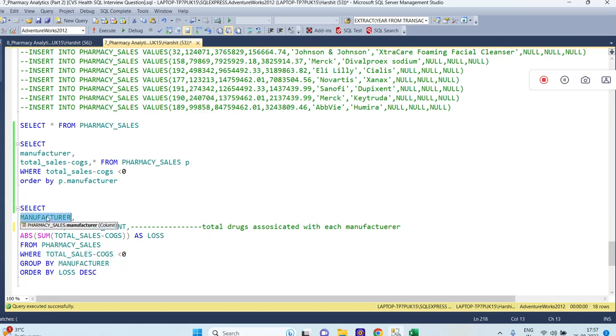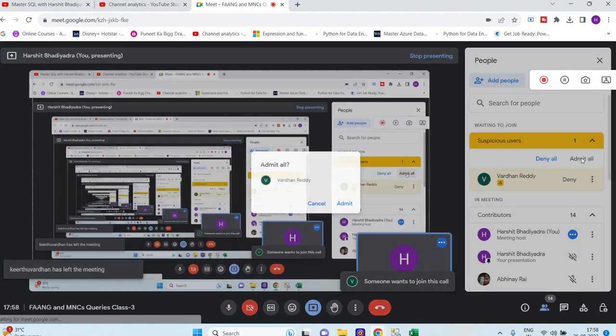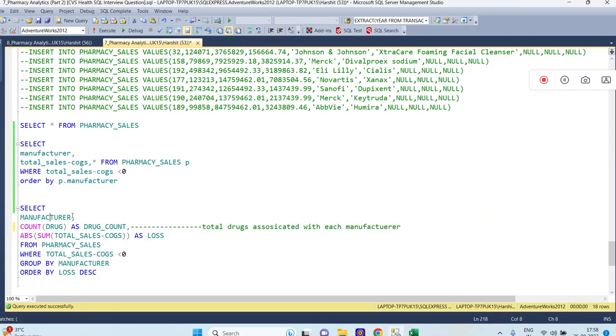And because we have used the count and sum aggregate functions, we need to do group by manufacturer, right?